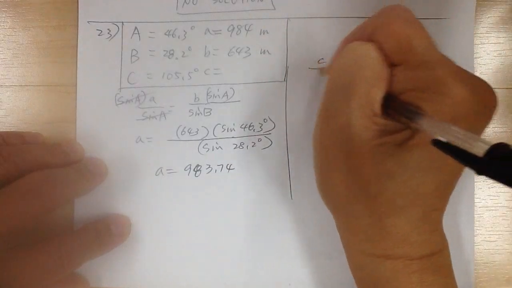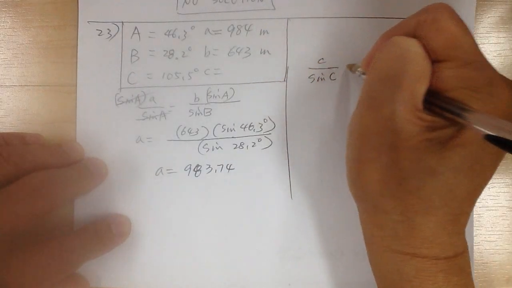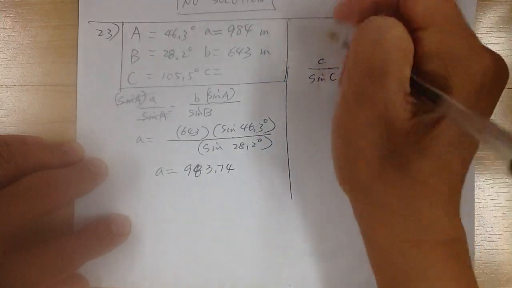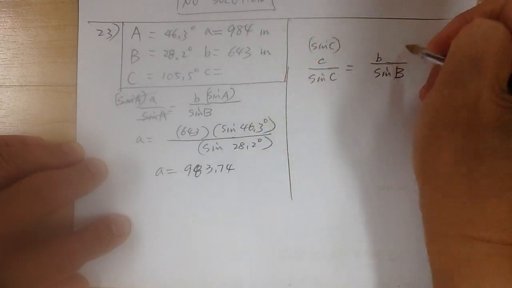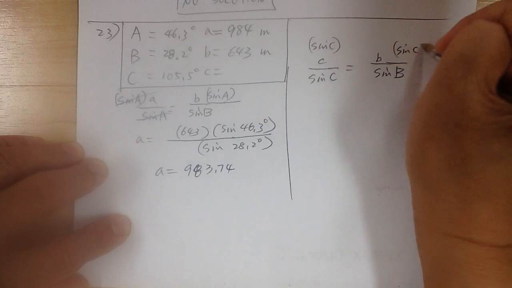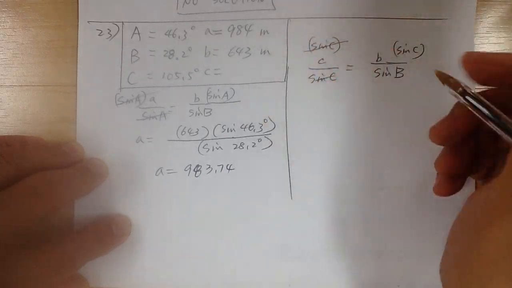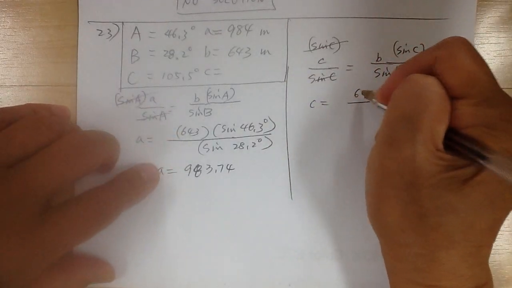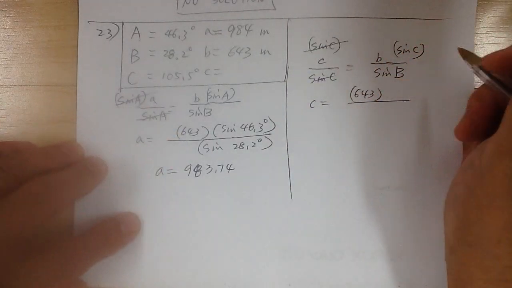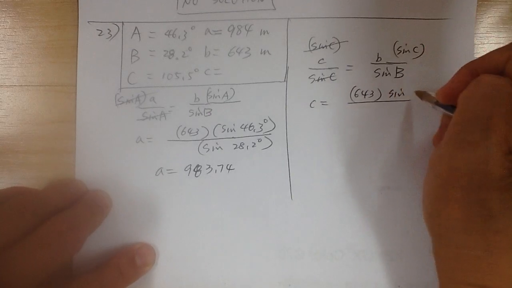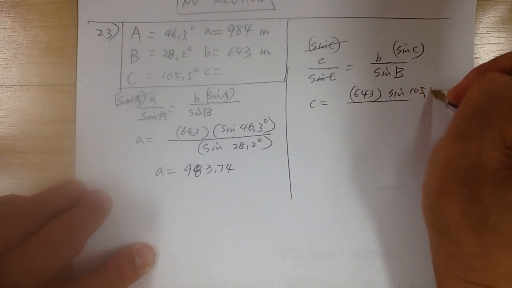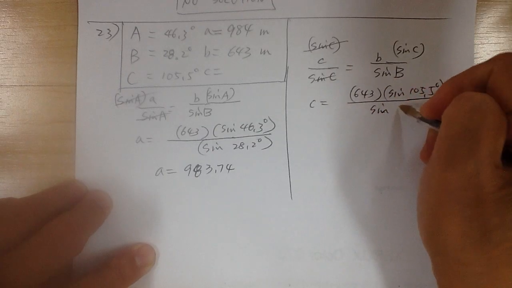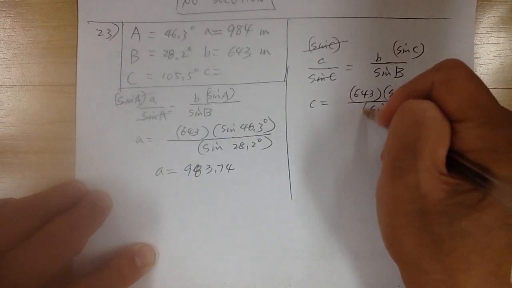To find C, you do the same thing. So C over sine C equals B over sine B. Multiply both sides by sine C to cancel that. So C equals 643 times sine of C, which is 105.5 degrees, divided by sine of B, which is 28.2 degrees.